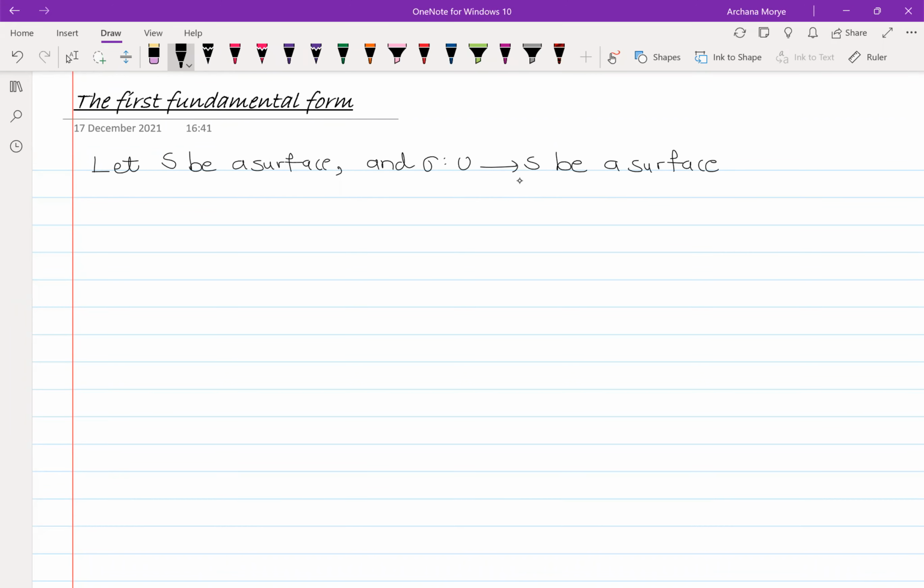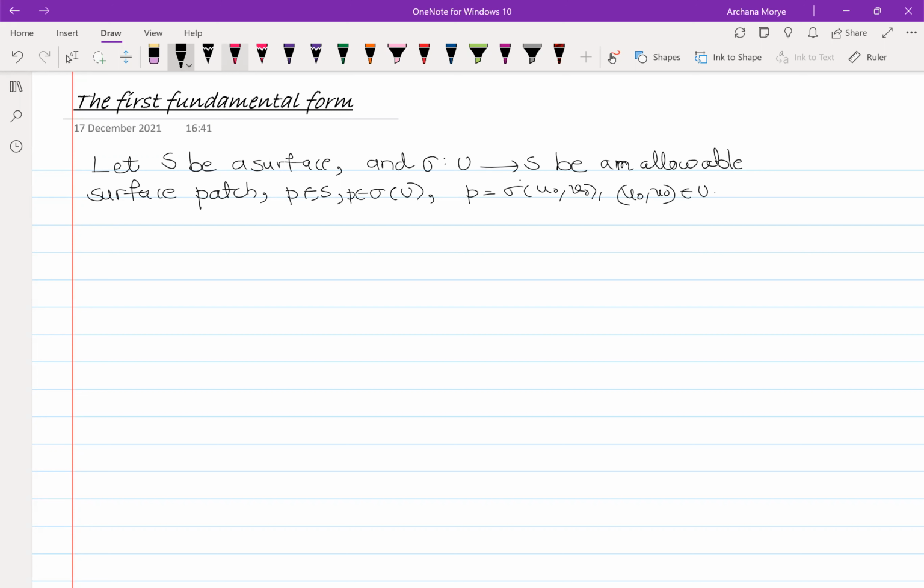Let sigma be an allowable surface patch first time, then later I will drop the word allowable. I want to take a point P belonging to S, inside this image, so P belongs to sigma of U. So P is equal to sigma of (u naught, v naught) for some point (u naught, v naught) belonging to U. This is our basic setup, we are going to fix our notations.